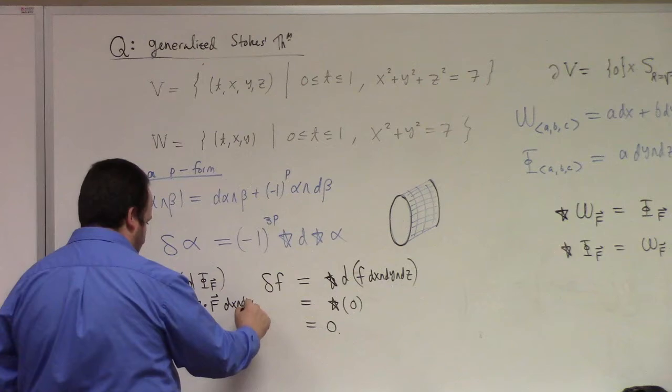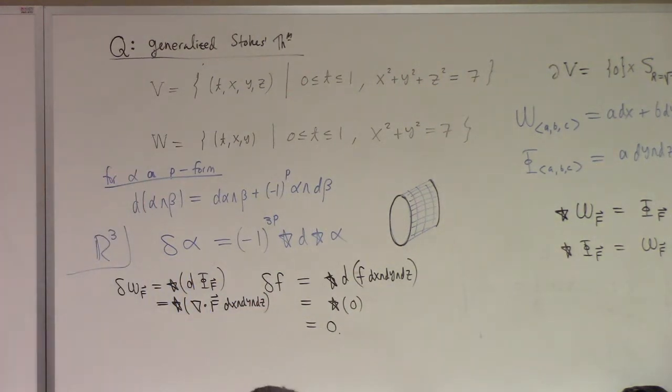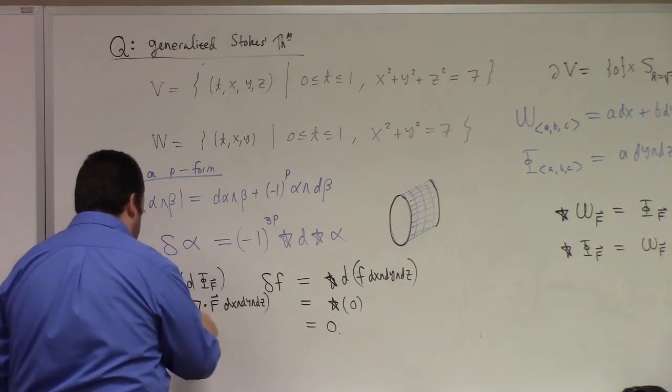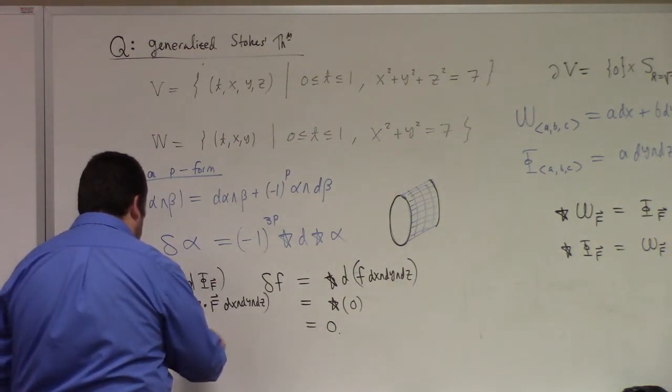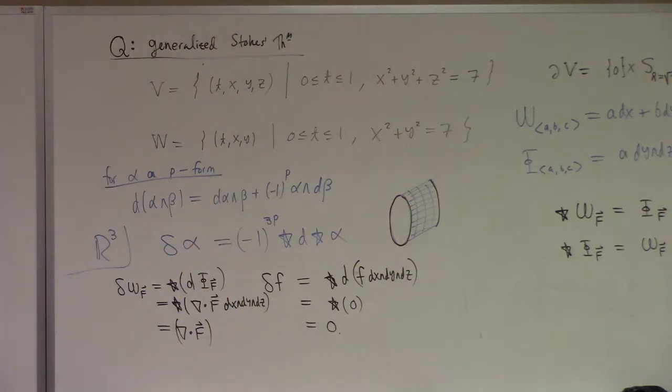Yes. So this is just the divergence of the vector field. This is a 1 form, that's a 0 form. So the coderivative of the work form is actually the divergence of the vector field that it corresponds to.